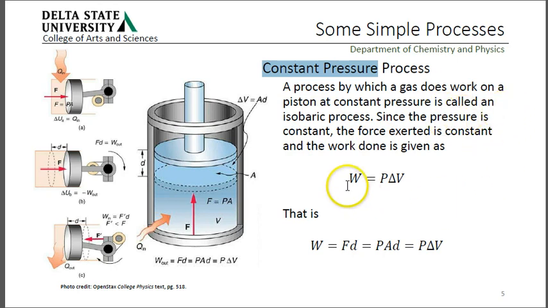The work done is just given by pressure times change in volume. Pressure is force per unit area, so pressure times area gives us the force times this distance. This distance times the area is the change in volume. So this all works out. Work is pressure times change in volume.